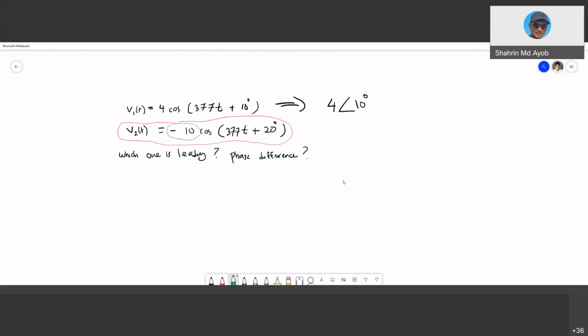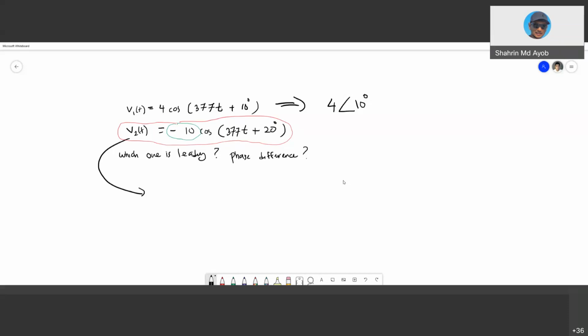Sometimes it depends on you. To simplify the difficulty of memorizing the transformation from cos to sine and so on, I use the phase, but we have another alternative.